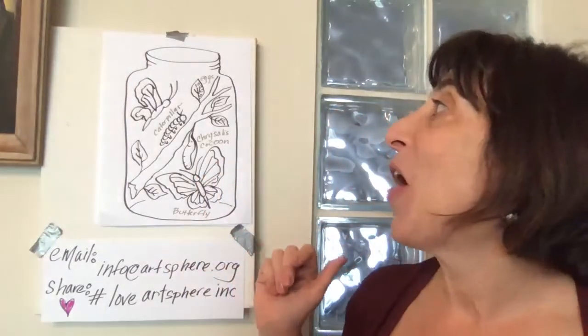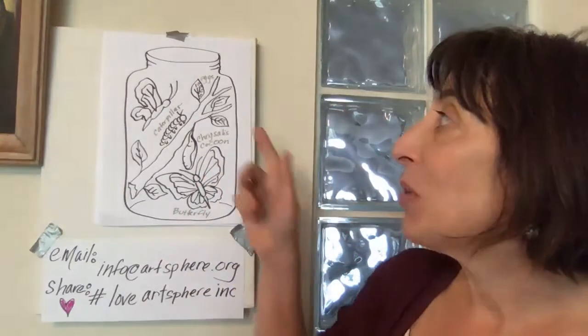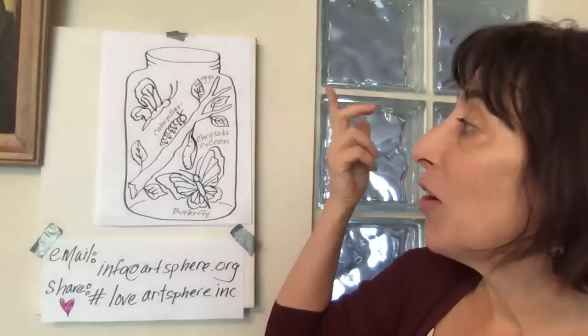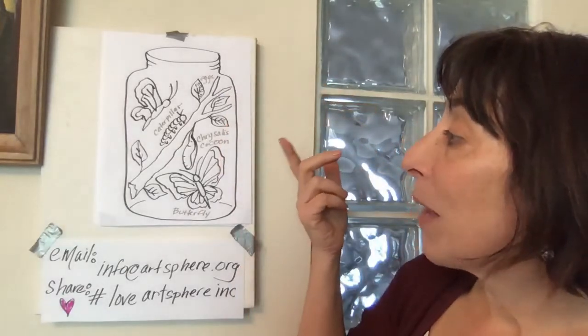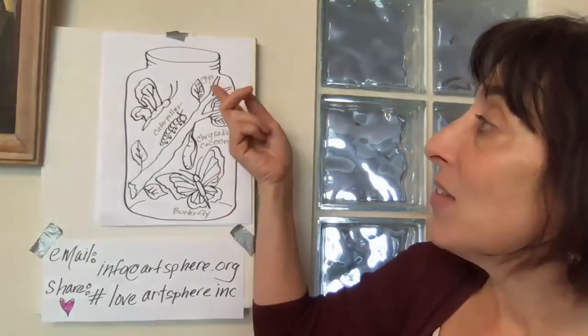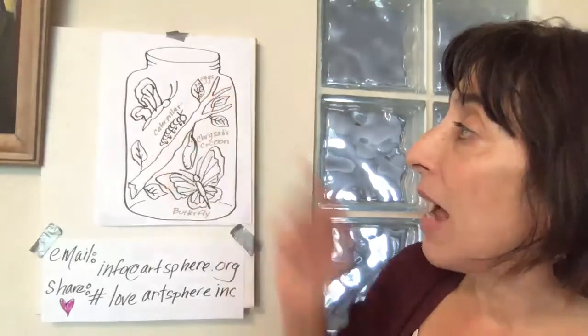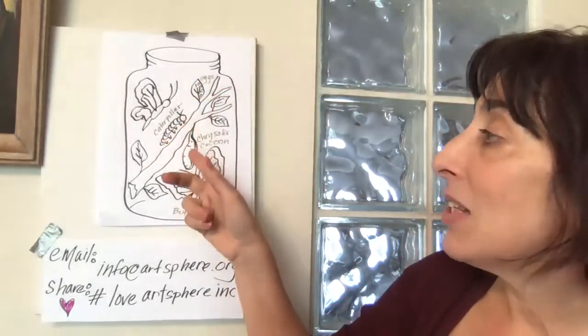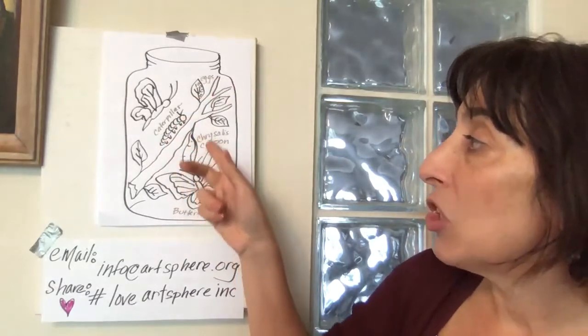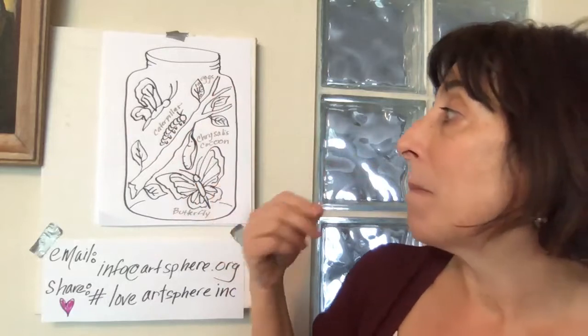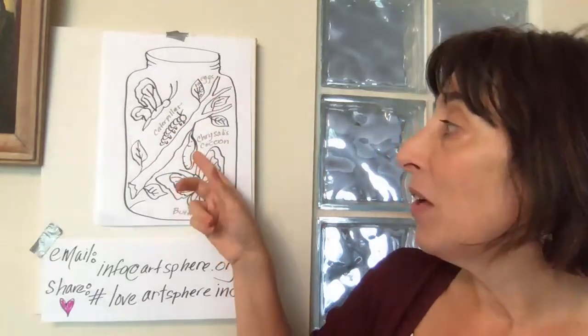Today we're going to start off by doing the life cycle of the caterpillar, which starts off as a butterfly laying eggs on a leaf, the eggs becoming a caterpillar, the caterpillar going into a cocoon, creating its cocoon, which is actually silk that protects itself.